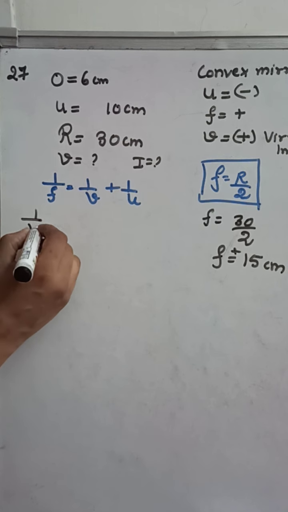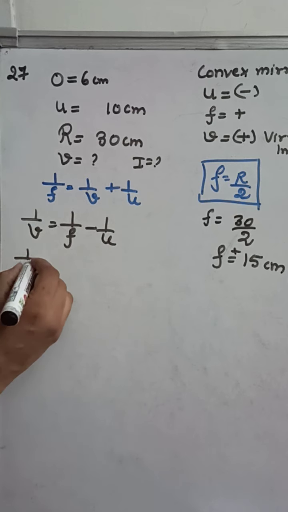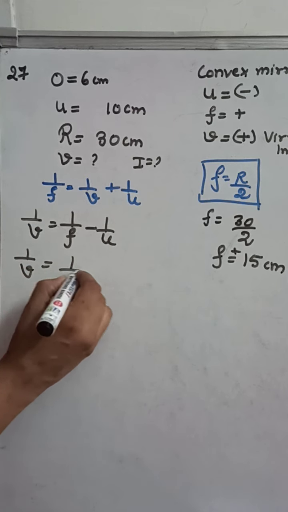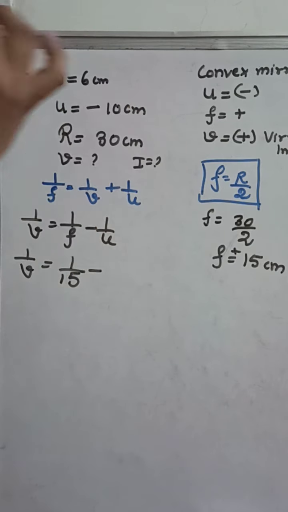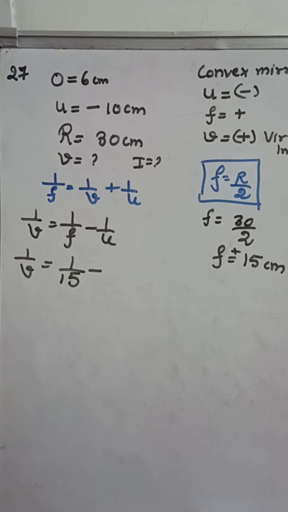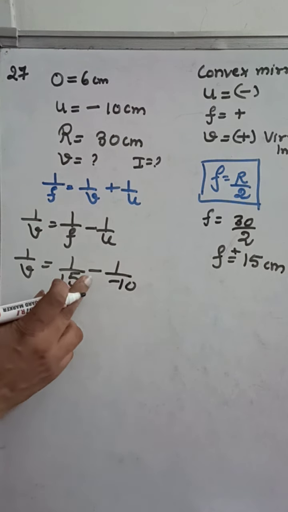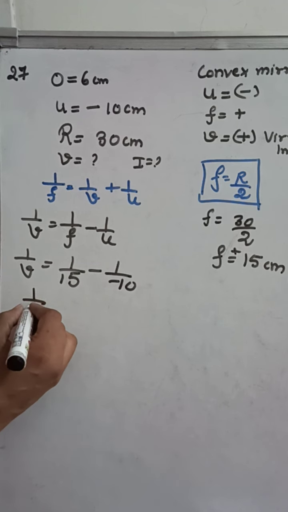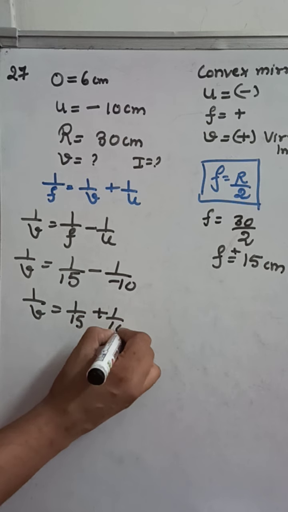So 1 upon v will be equal to 1 upon f minus 1 upon u. So focal length is 15, u is minus 10. Because in concave and convex, u is always negative. U means object distance. So it will be minus 10. This minus minus will become plus. So it is 1 upon 15 plus 1 upon 10.